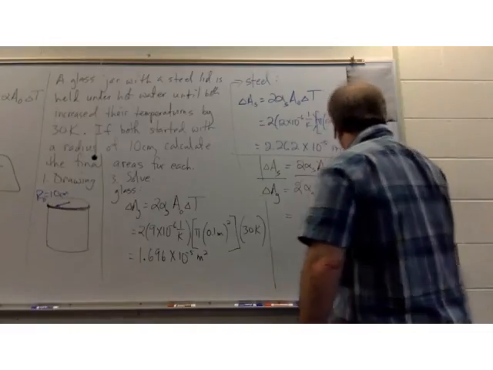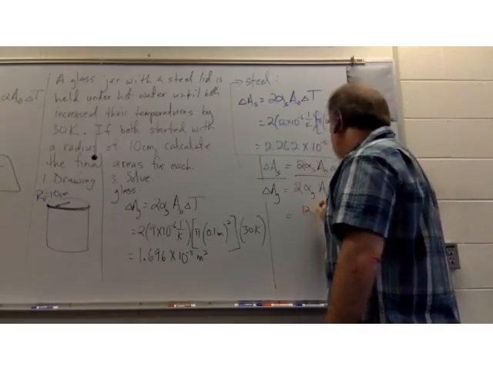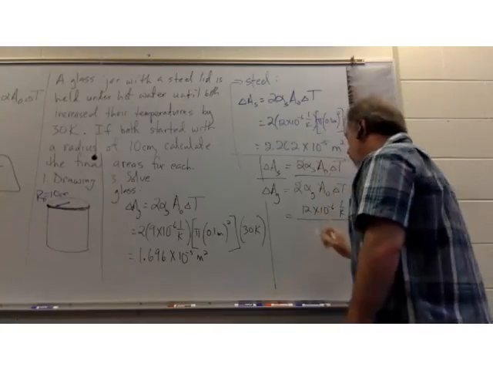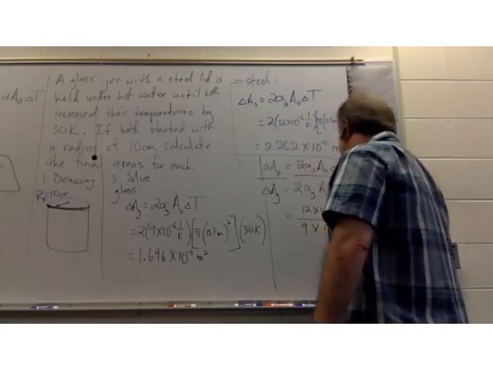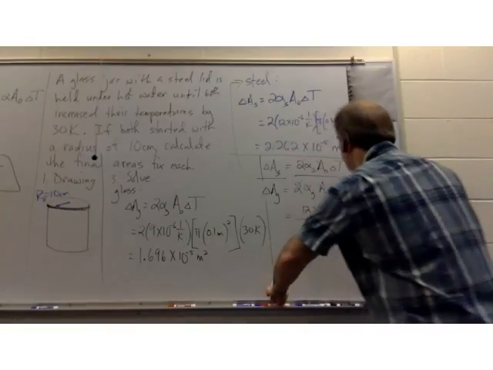And since alpha sub S was 12 times 10 to the minus 6 inverse Kelvin, whereas for glass it's 9 times 10 to the minus 6 inverse Kelvin, once again, virtually everything cancels out.